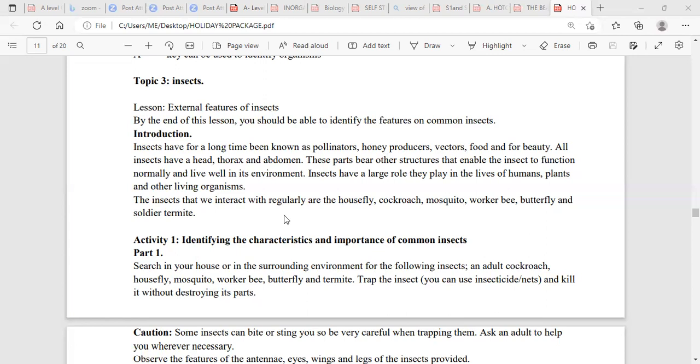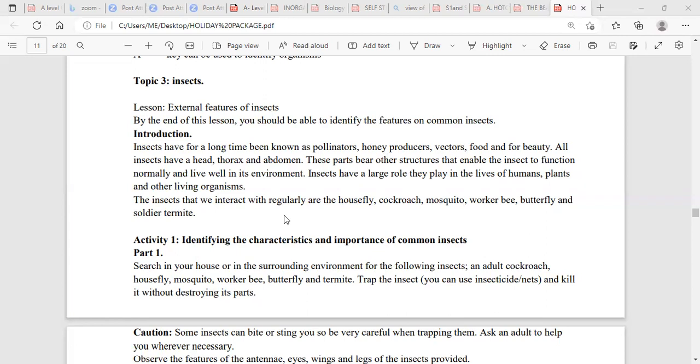They are blood suckers. They'll be looking for blood from humans during the night. We have the worker bee, which produces honey. We have the butterflies and the soldier termites. These are the most common insects that we interact with in our environment.